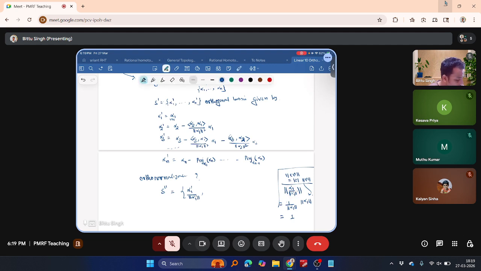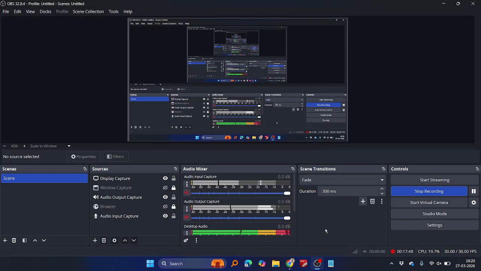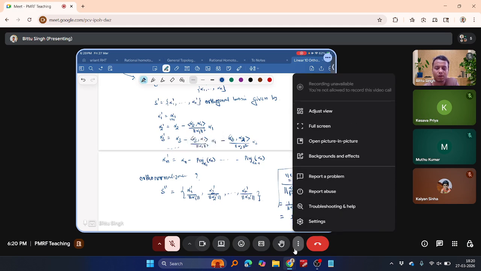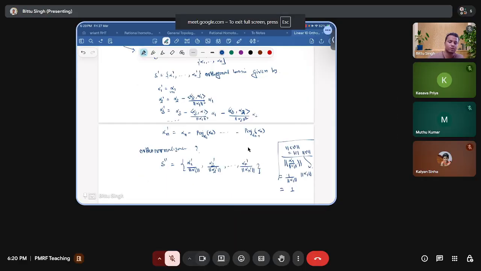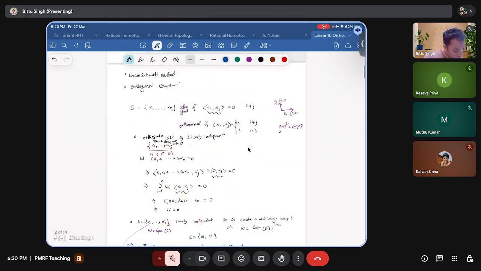So alpha 1 dash by norm of alpha 1 dash, alpha 2 dash by norm of alpha 2 dash, up to alpha n dash by norm of alpha n dash, and this will give you the orthonormal basis. So this is the story about orthogonalization. This process is called Gram-Schmidt orthogonalization.